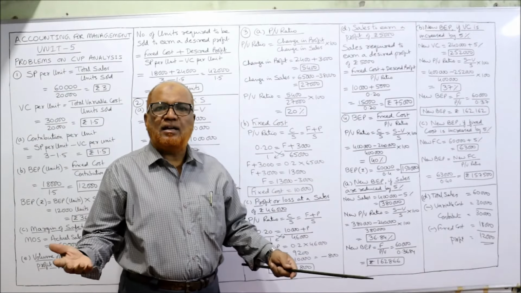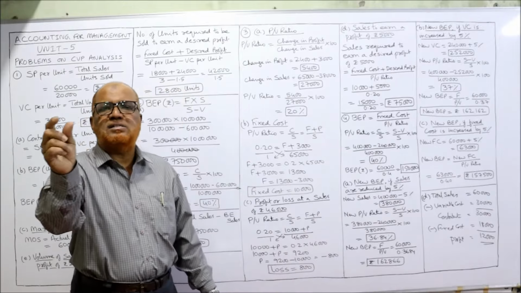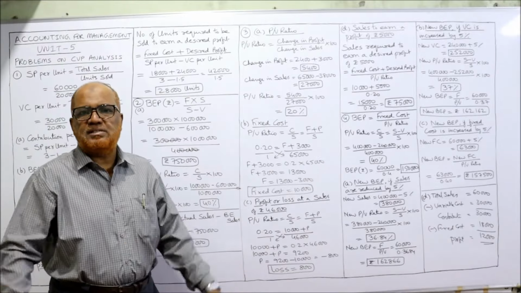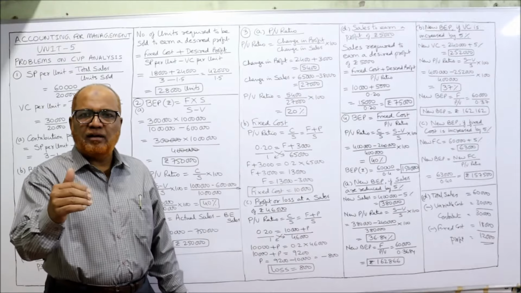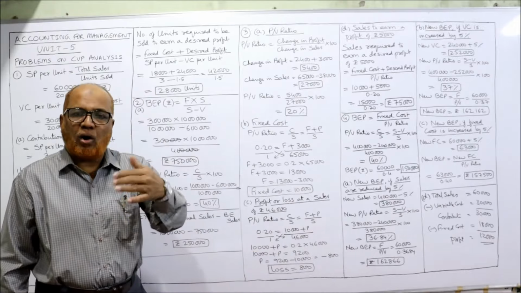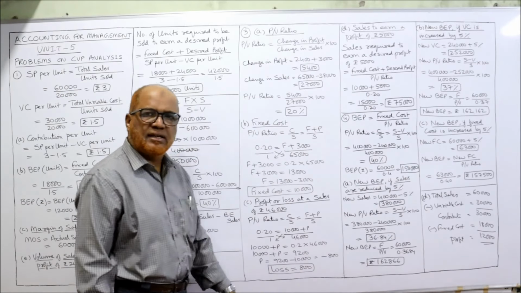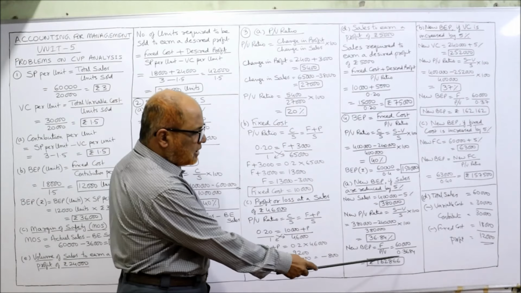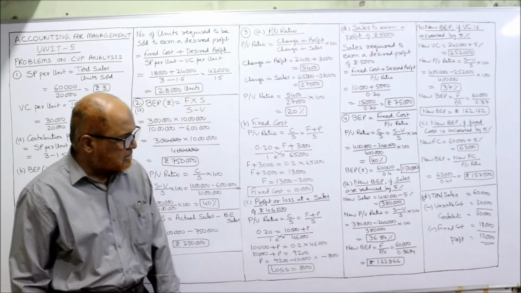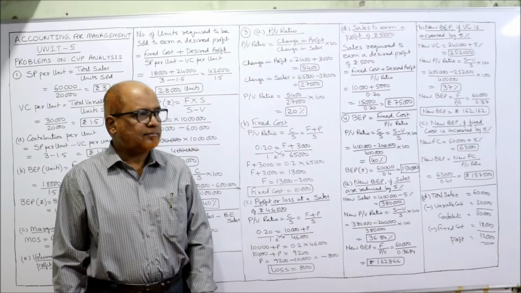So you can take 36.84% or you can take 0.3684. Both mean the same. In the denominator, you can take either one, and you will get the same answer. So 60,000 divided by 0.3684 is 1,62,866. That is the new break-even point.